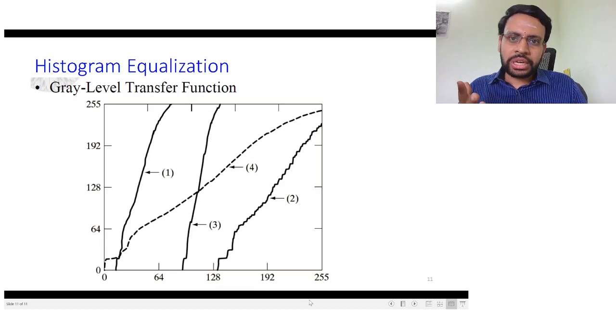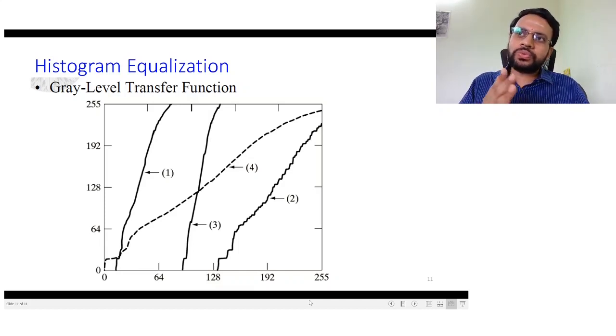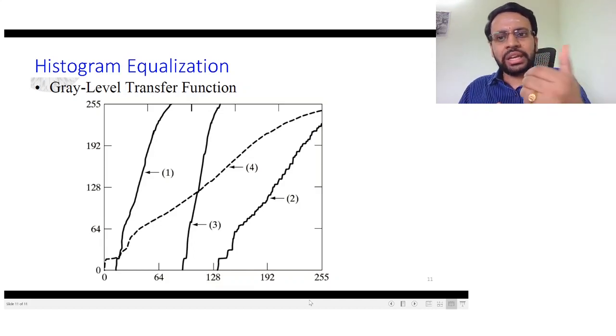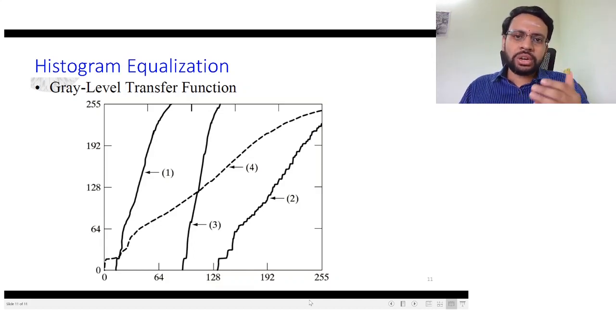Is it monotonically increasing, monotonically decreasing, strictly monotonically increasing, strictly monotonically decreasing, or none of the above? I'm sure you know what monotonically increasing and strictly monotonic curves mean. Otherwise, just refer to that and check. So once you figure out the nature of the transforms you would be getting with histogram equalization, what is its impact? So think about it.